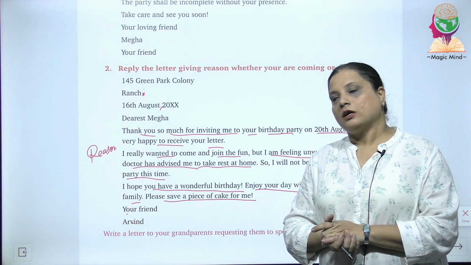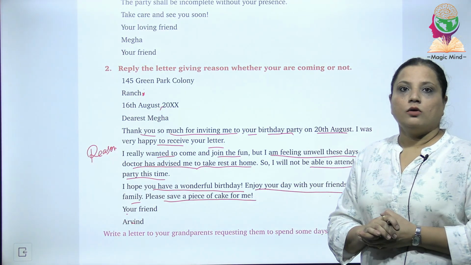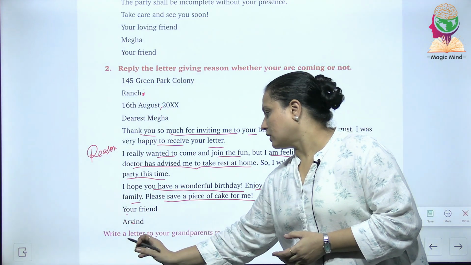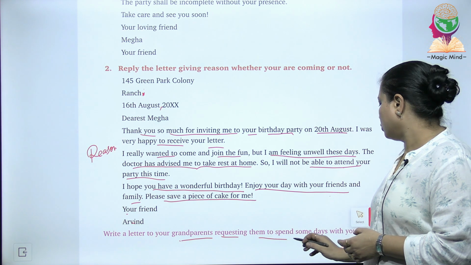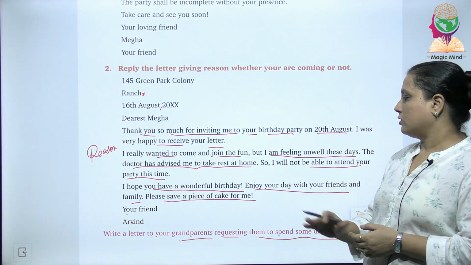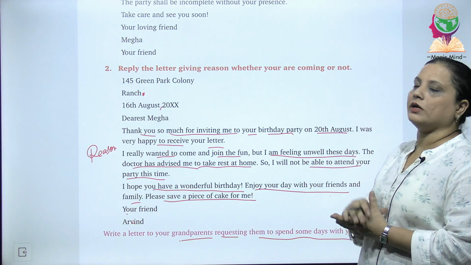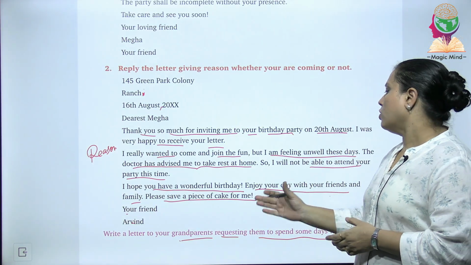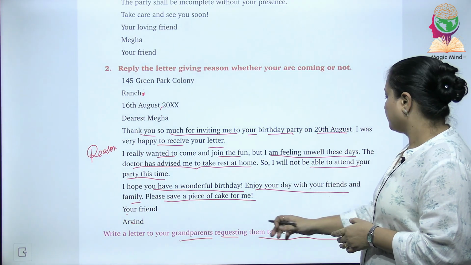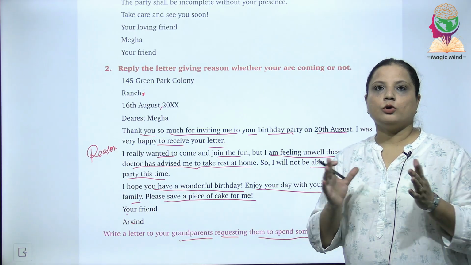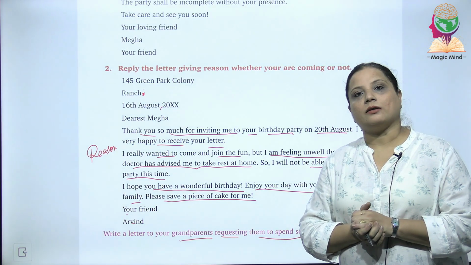Written below, we have to now write a letter to your grandparents requesting them to spend some days with you. Now, I hope after reading 2 letters, you can easily write this letter to your grandparents on your own, and you can also write how you want to spend those days with your grandparents.